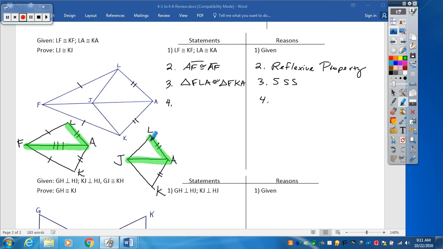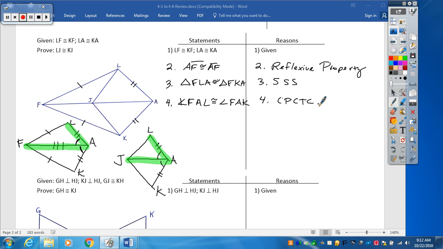We've been talking about the last couple of days that if these triangles are congruent, this angle is going to be congruent to that angle by CPCTC. So I'll say angle FAL is congruent to angle FAK by CPCTC.